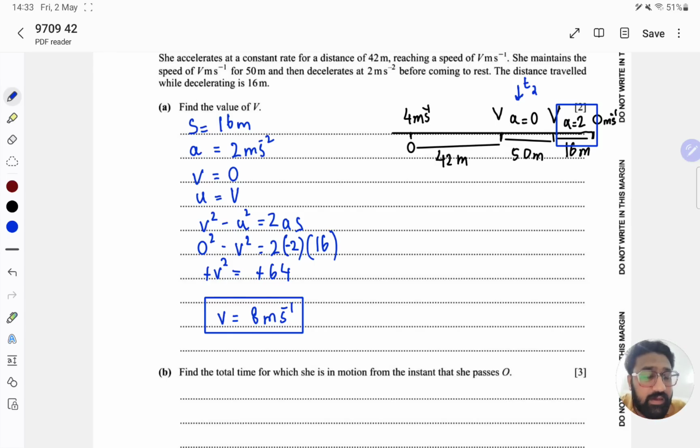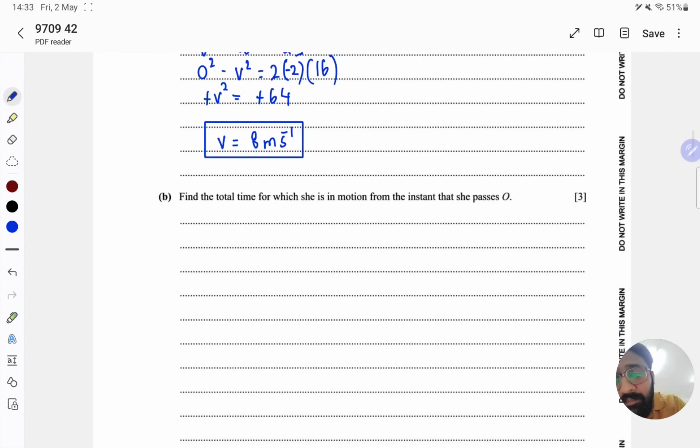Since the acceleration is 0, we cannot use any of the above formula. We'll directly use speed equals distance over time. So time 2 will be equal to 50 divided by 8. 50 divided by 8 is 6.25 seconds.